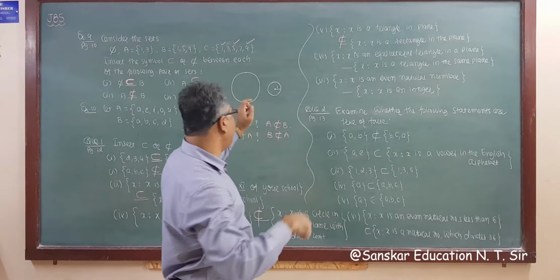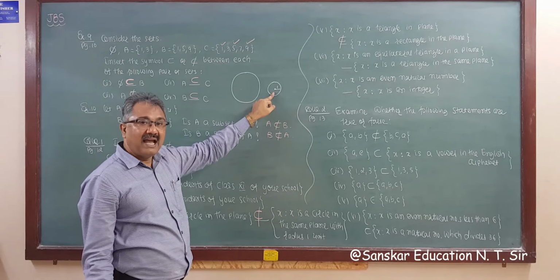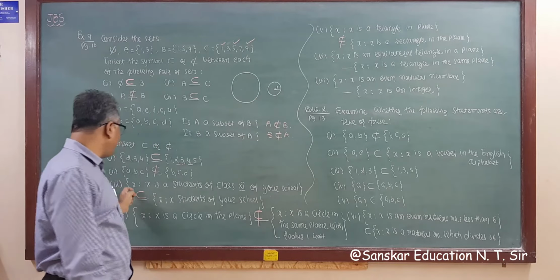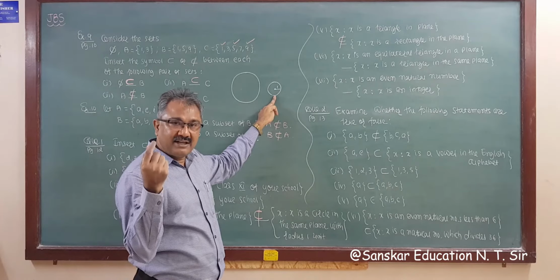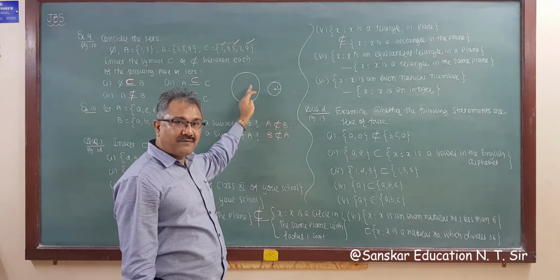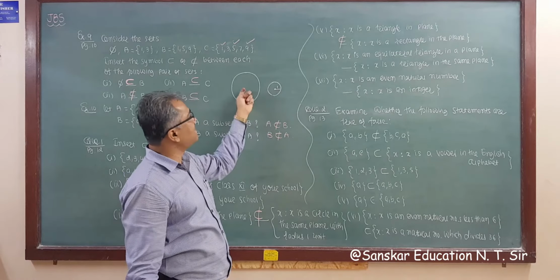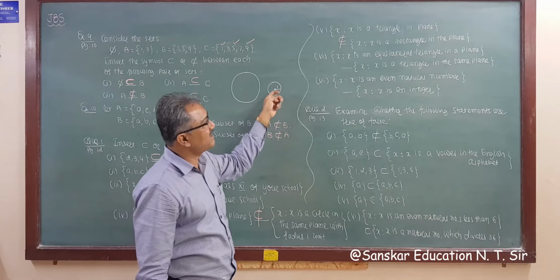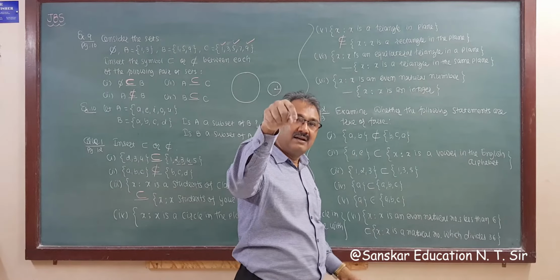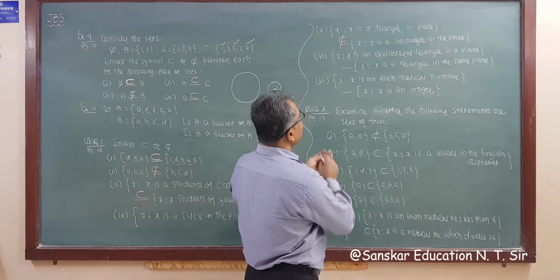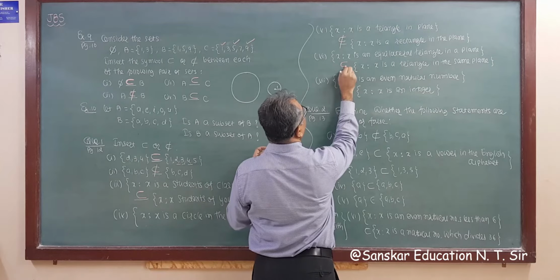Similarly, if the first set is the unit circle with radius 1 and the second is the family of all circles, then the first is a subset of the second, but not the other way around. So here it is given equilateral triangle. So all equilateral triangles lie in the triangles. So this is a subset.